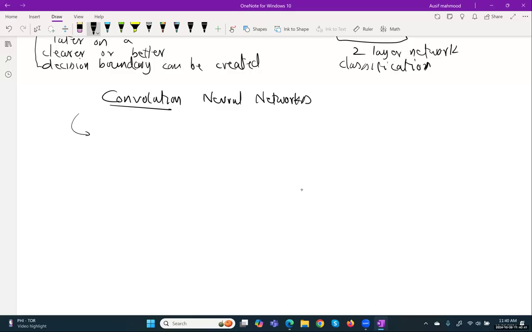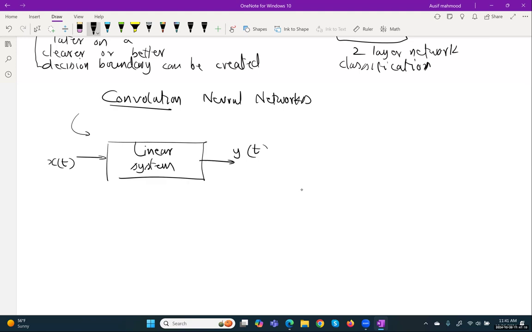Also, as we study many different systems in nature, we find that there's a class of systems, for example our hearing, our vision, and a lot of other things in nature. Some of these go into the category of what we call linear systems, okay? In a linear system, we have some input, which is a function of time, and then we produce an output, which is also a function of time, okay?